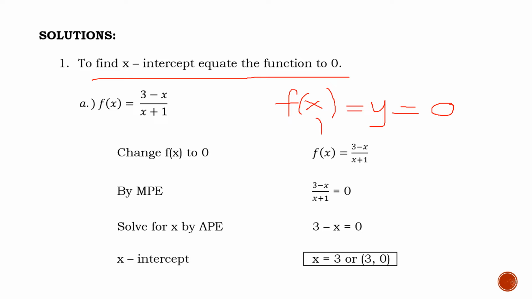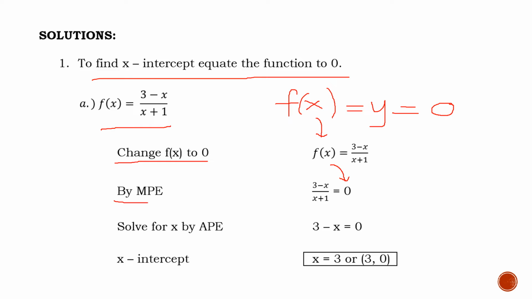So if the given is f of x is equal to 3 minus x over x plus 1, we change f of x to 0. We just replace f of x by 0, and then we copy your 3 minus x over x plus 1.